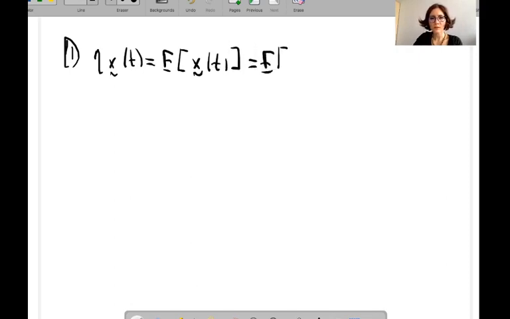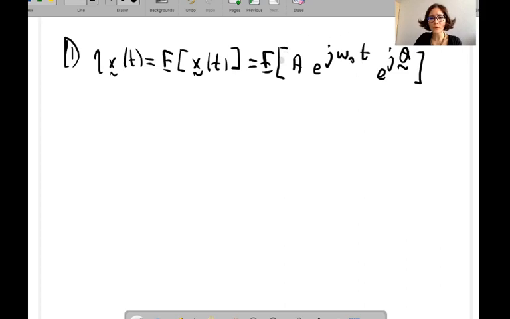So if you just copy the expression for our random process, it has an exponential j omega 0 t, and then you have some phase term theta. So I prefer to write this separately in here. The phase term is where the randomness comes from. So we're looking at the expectation of this expression to find the mean function.